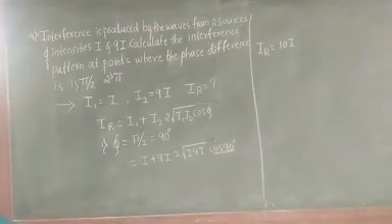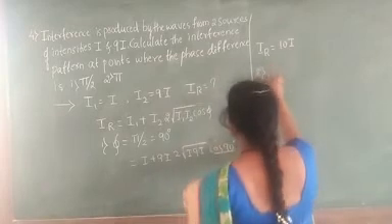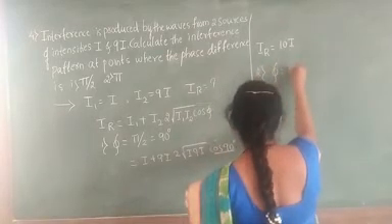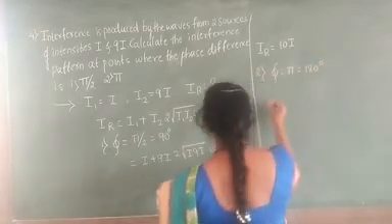In the same way, we have to calculate for the second value. Therefore, phi is equal to pi, or it is equal to 180 degree. Now put the values.